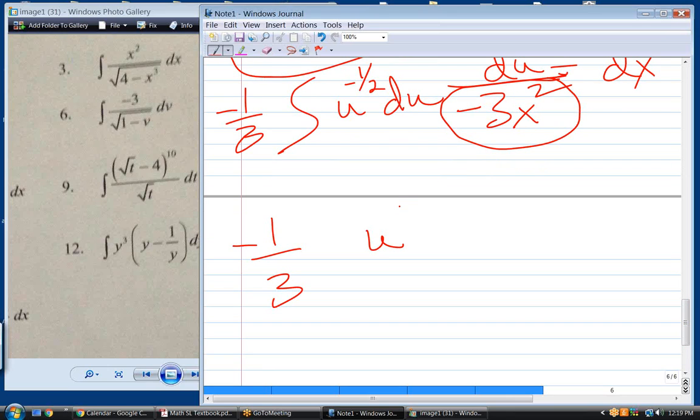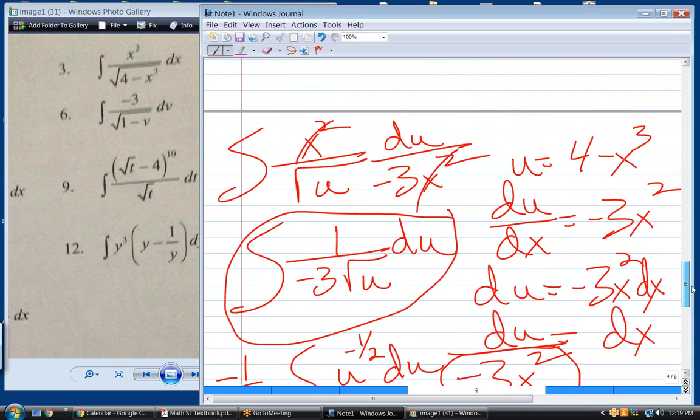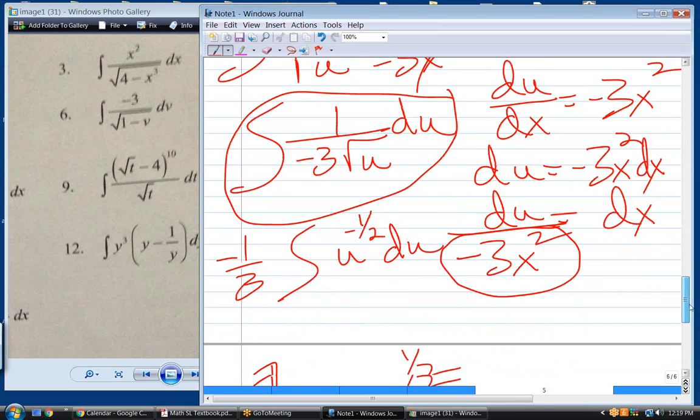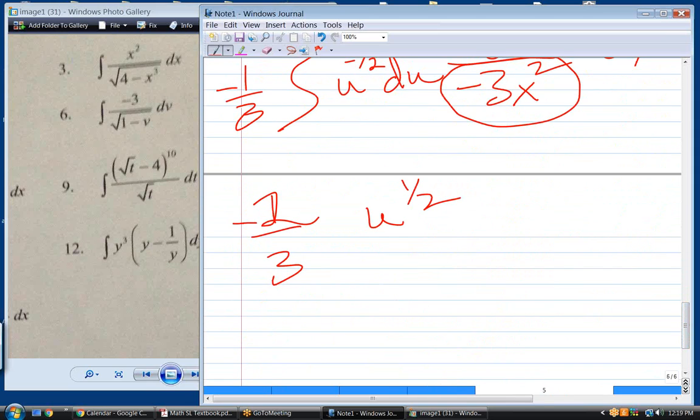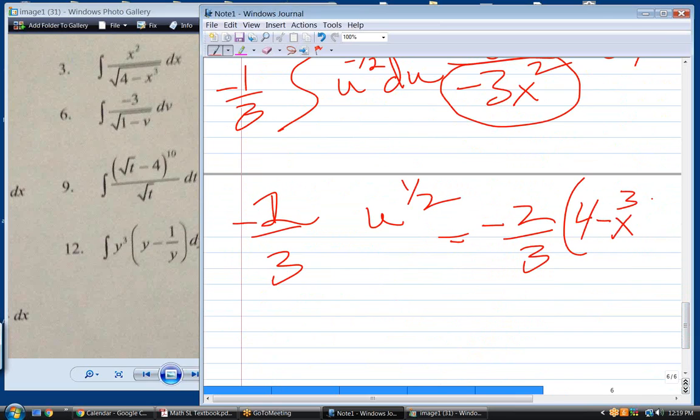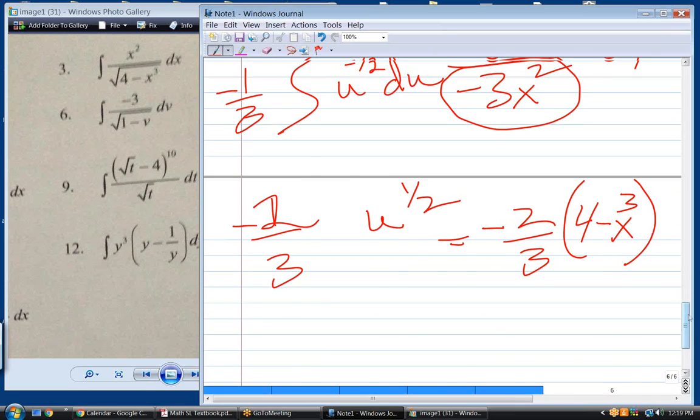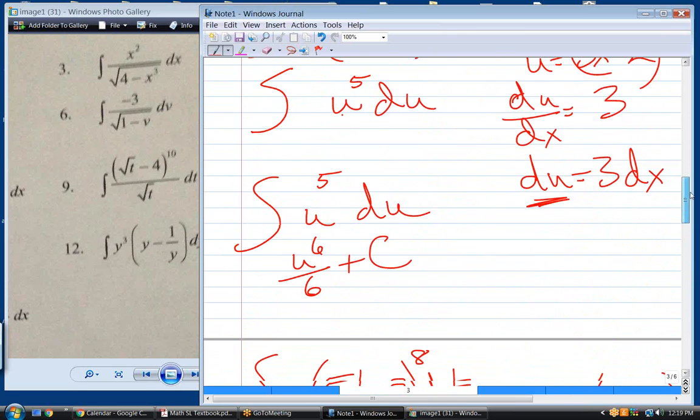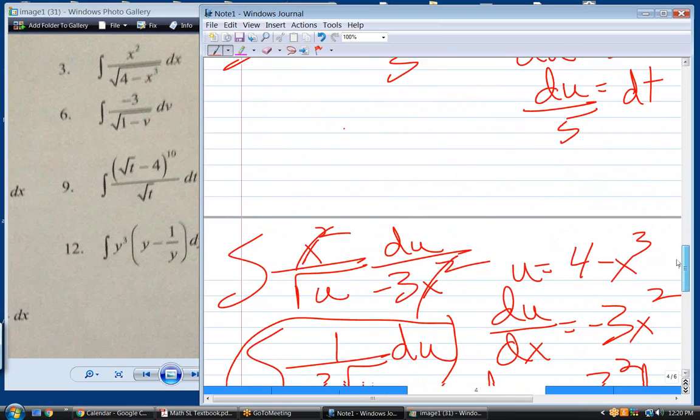U to the 1/2, well, 2u to the 1/2. And then you multiply that by the negative 1/3. Yeah. Now u is 4 minus x cubed, so this is negative 2/3 times 4 minus x cubed to the 1/2.